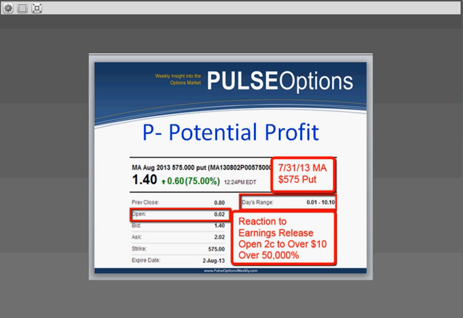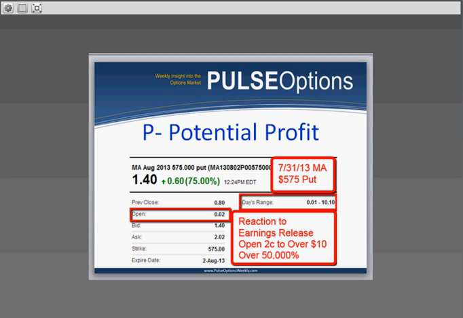Now, this particular slide is from July of last year. This is about as good as it gets. Here's a MasterCard option. Understand, MasterCard has done a 10-for-1 split recently, so the numbers might not line up, but at the time, this was a real trade. I had a student that hit this trade.